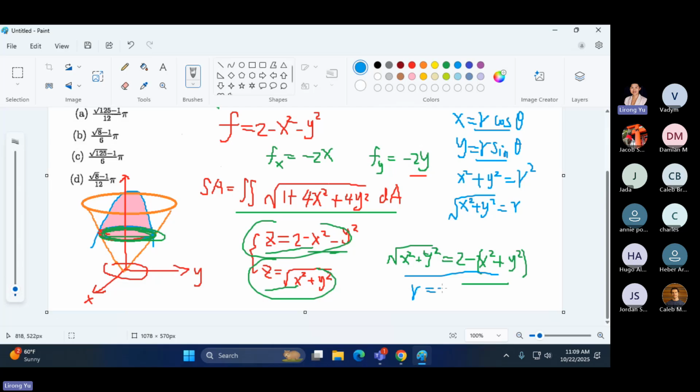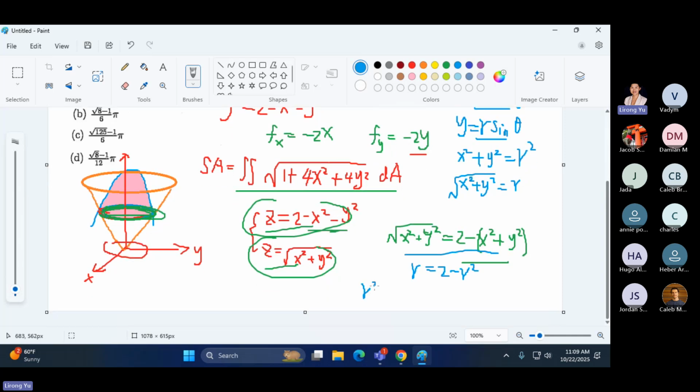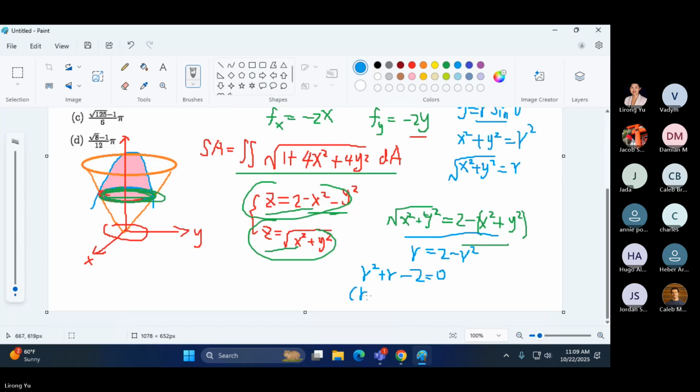And you're going to have r equal to 2 minus r squared. All I'm doing is trying to find the radius r. So move this over, you have r squared plus r. We move everything to the left side, minus 2 equal to 0. And then we can factor this into r minus 1 times r plus 2.